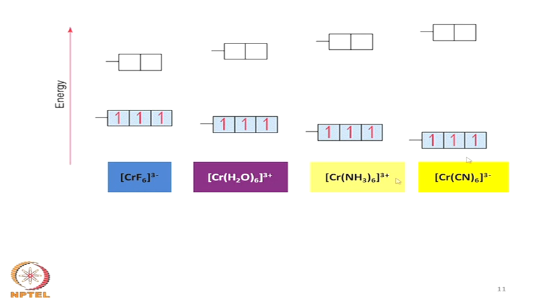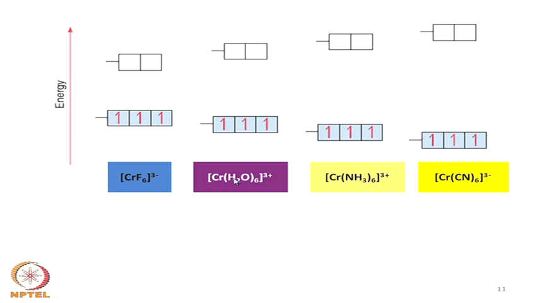Without looking at the detailed diagram for the crystal field splitting, we can very easily say that CrF6 3- would be less than Cr(H2O)6 3+, which would be less than Cr(NH3)6 3+, and which would again be less than Cr(CN)6 3-, because we know that the fluoride anion is on the left hand side of the spectrochemical series, in the range of weak field type.